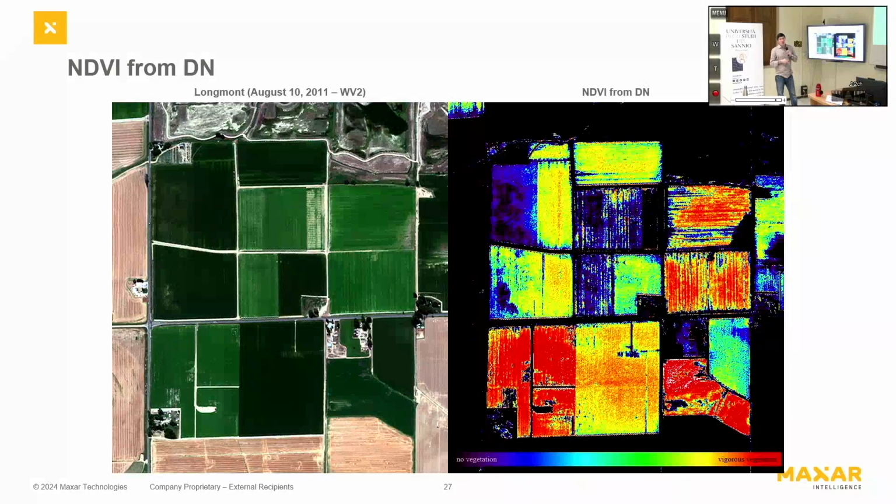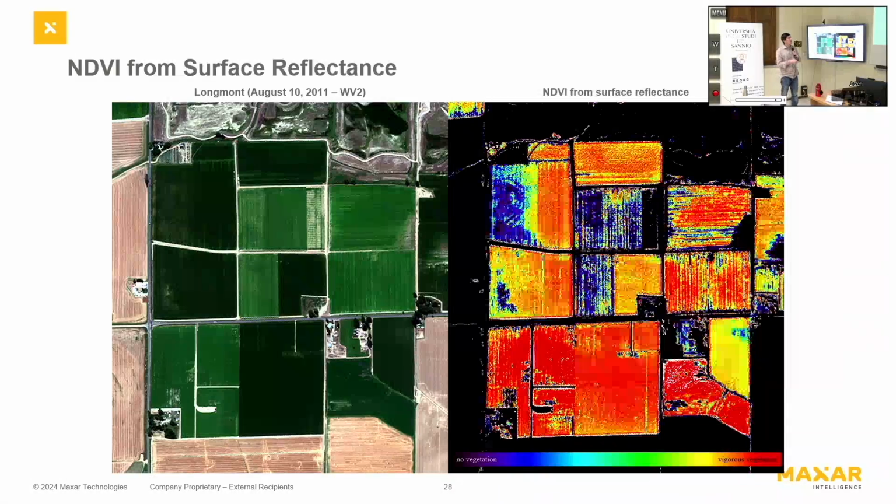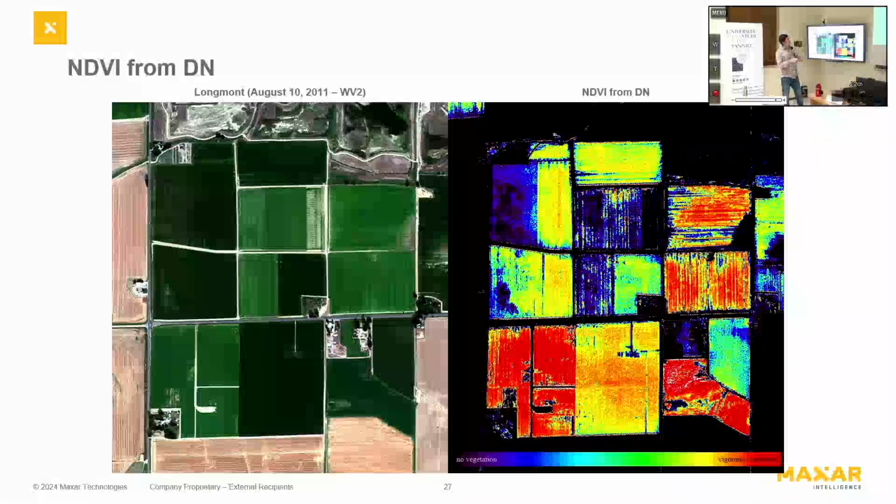In reality, what you're measuring here is just the fact that this crop is darker than this, for the most part, because once you do the same NDVI using surface reflectance, you get something like this. And in this image, you should see, for example, that here there is a stressed vegetation, which was not very obvious, just looking at those images.